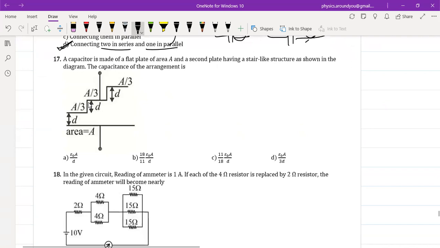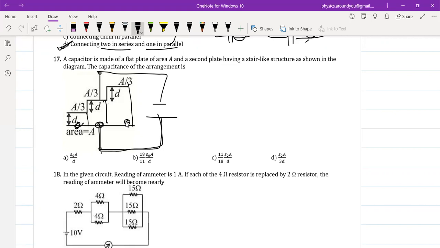Now 17th one. In the 17th one, I should imagine a battery which is connected across this terminal. Whatever charge comes from the positive terminal gets divided into three parts, right? But you see the potential between each of these plates is the same, which is the battery voltage. So each of these capacitors, one in black, one in red, and say one in orange, all these are capacitors in parallel.